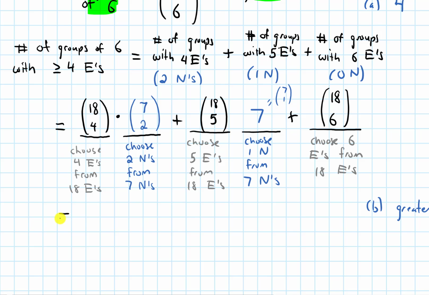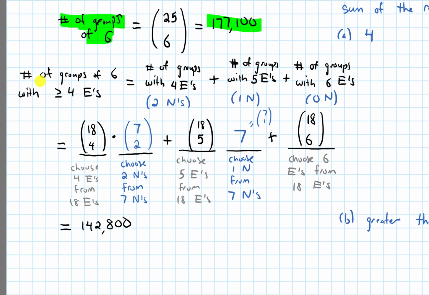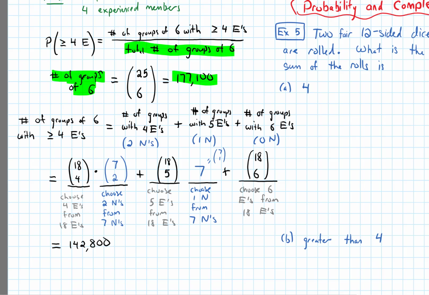If we use a calculator to evaluate this whole thing, we will get 142,800. So if I zoom out a little bit, we have figured out the numerator of our fraction. The numerator was this, and we just worked out that it is 142,800. So we are ready to write down our probability of having greater than or equal to 4 experienced members.